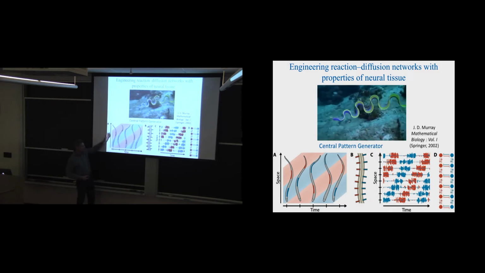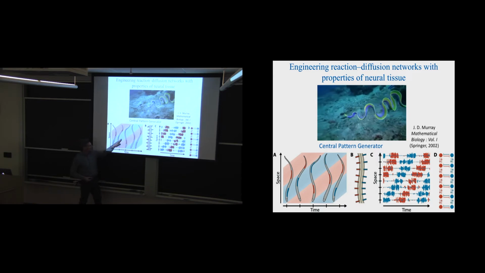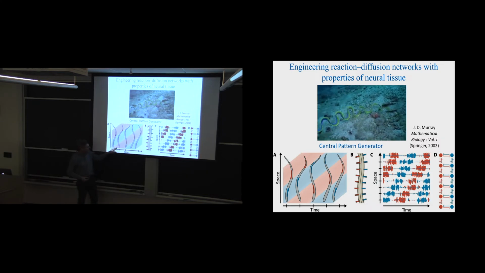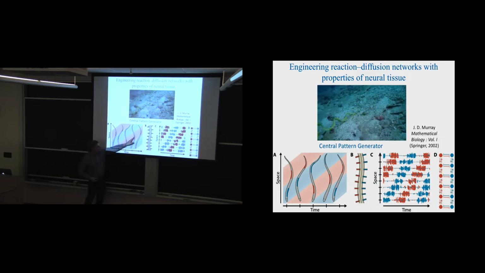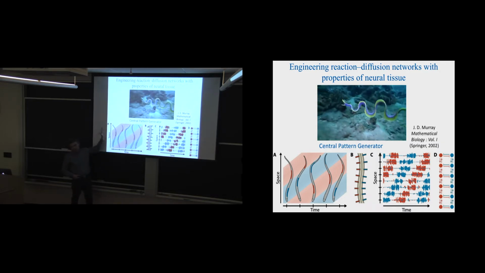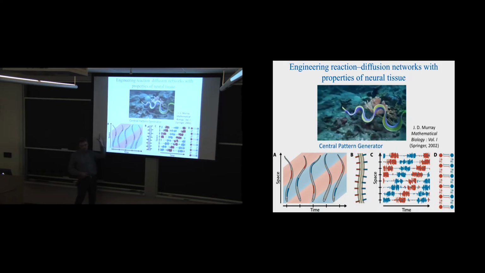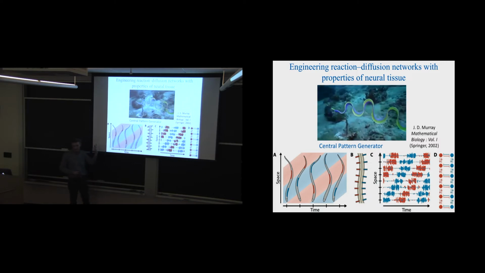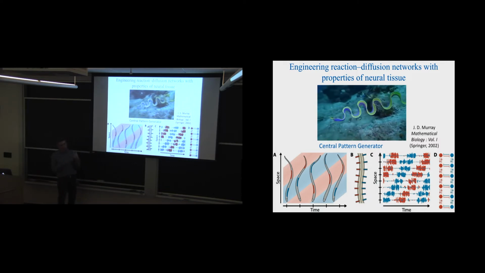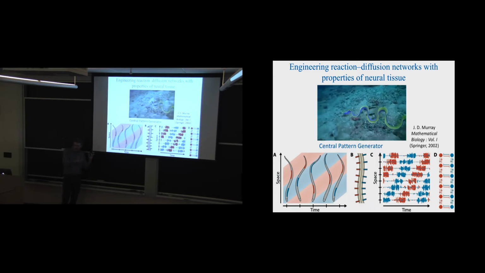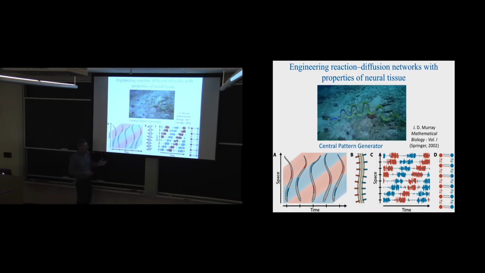Space over time is a velocity, so the slope tells you the speed of the contraction down the right side, and the red line marks out the wave of contraction down the left side. So how does the eel generate this spatial temporal dynamics?